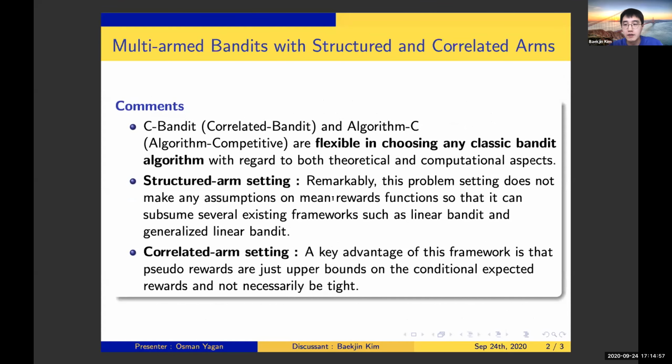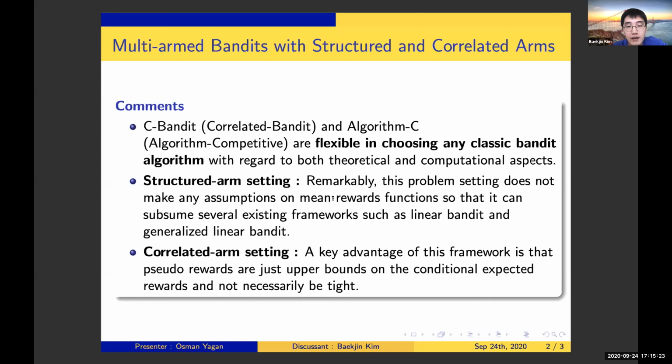Here are some comments. Both correlated bandit and the algorithm are flexible in choosing any classical bandit algorithm, in terms of the theoretical and computational aspects. In structured bandit, this problem setting does not make any assumption on mean reward functions, so that it can subsume several existing frameworks such as linear bandit and generalized linear bandit.